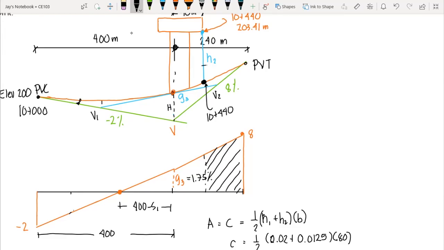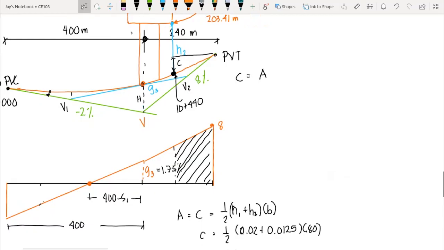This is the one that we need to compute first, that is C. And C here is equal to the area of the grade diagram between the 2 points. Since we have already computed the elevation of PVT, which is 211.2 meters, by subtracting the value of C, we would have the elevation of 10 plus 440.